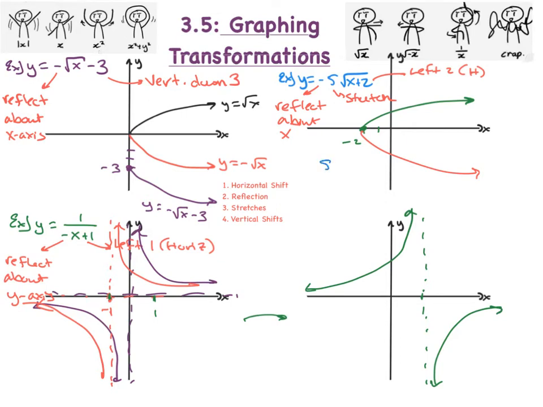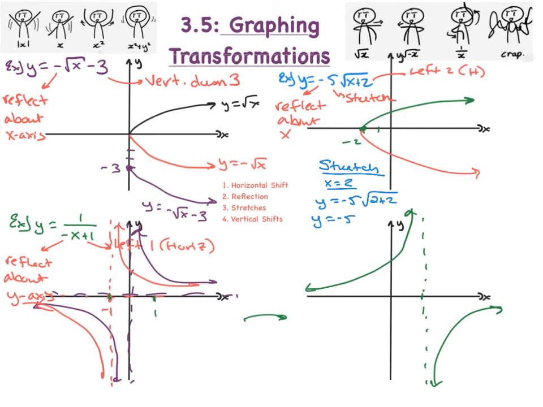So for the stretch, instead of worrying about the 5 as a number bigger, so it's going to make it narrow and wide, and what does that look like for a square root, let's plug in x equals 2 simply because it's easy to calculate. 2 plus 2, and we're going to plot 1 point.